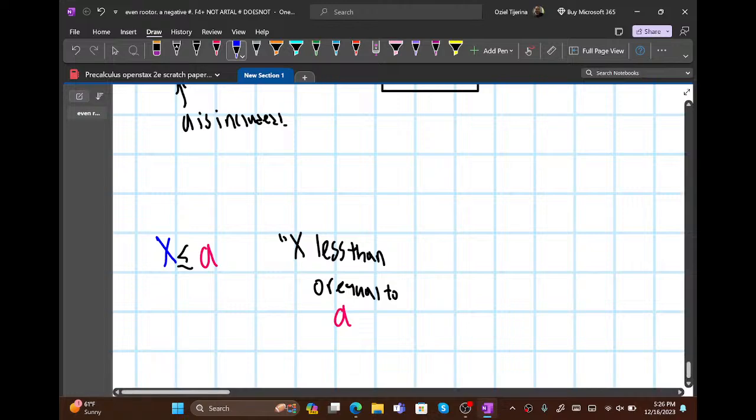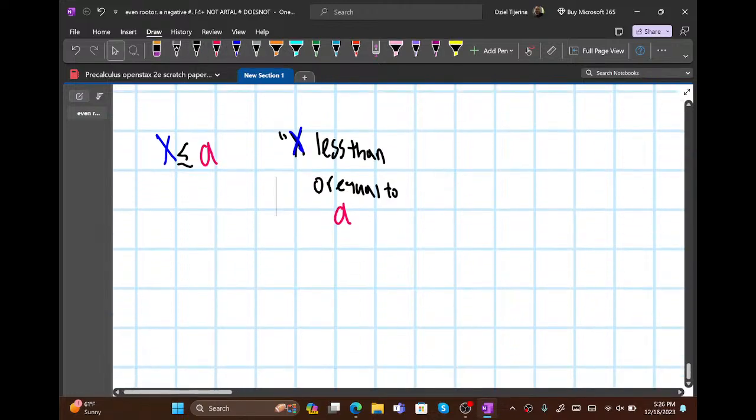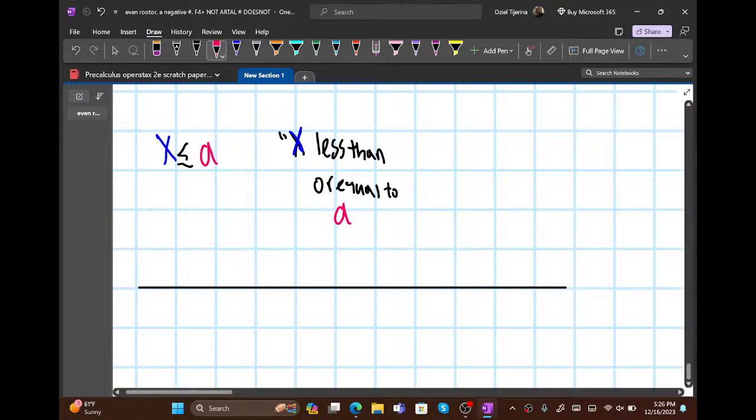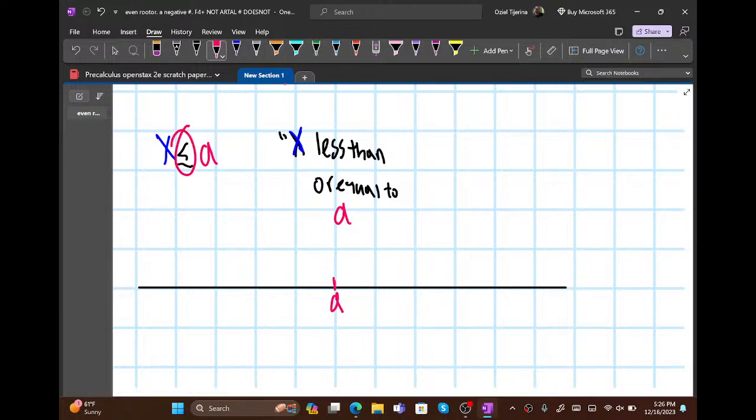I just want to state that really quick. And then we know that if that is true, on the number line we're going to have something like this. Let me put a here. Because it is a less than or equal to, it's going to be a closed dot.